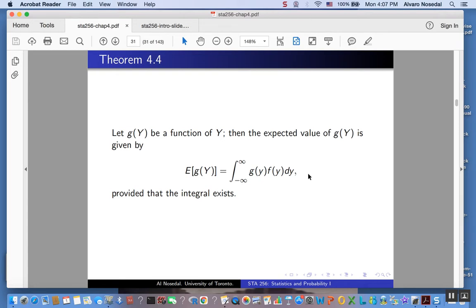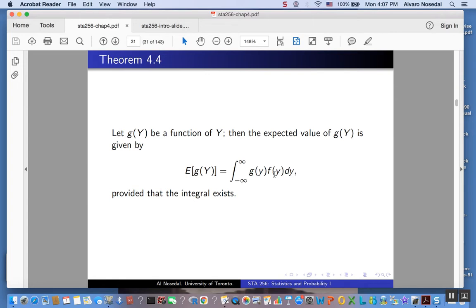What I want you to remember specifically is this: the expected value of g of y, when we had a discrete random variable, was the summation for all y's of g of y times the PMF. Now something really similar. I want the expected value of g of y? No problem. Integral from negative infinity to infinity of g of y times the PDF.